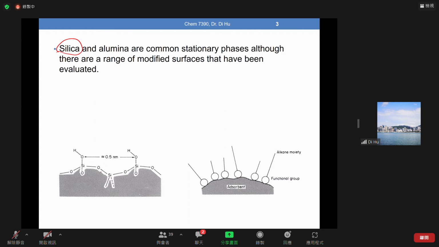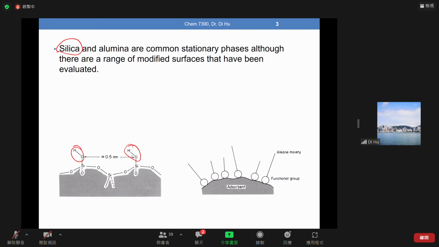You can see this is a silica particle. It has siloxane, and it has OH groups sticking out. The distance between these two hydroxy groups is 0.5 nanometer. This is how compounds get adsorbed on the adsorbent.